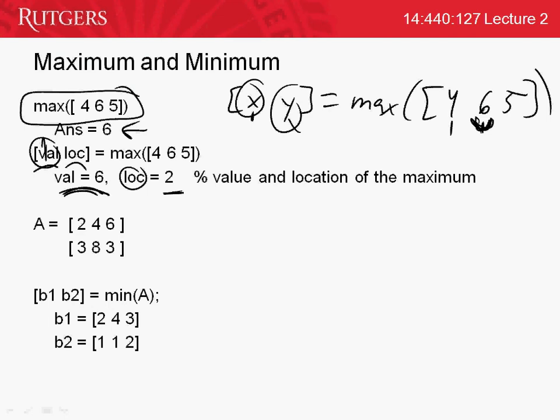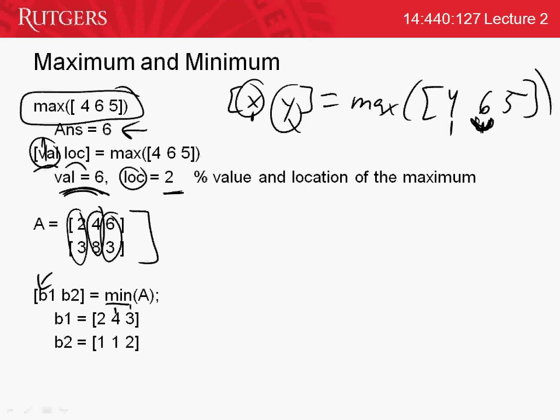Okay. So here, if we want to know the maxima, or actually in this example we'll use the minima of this matrix A, the first variable is going to be the values that are smallest in each column. First column, 2 is the smallest. Second column, 4 is the smallest. Third column, 3 is the smallest. Okay, so that's the first variable.